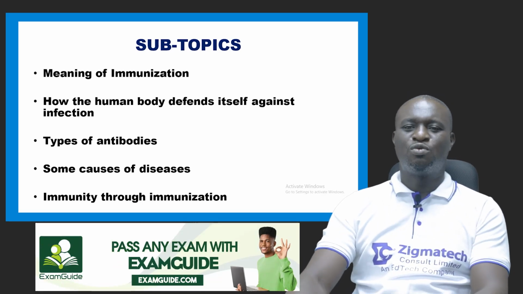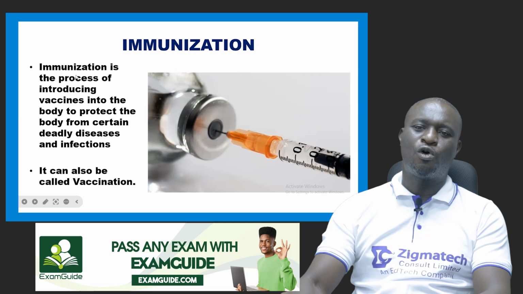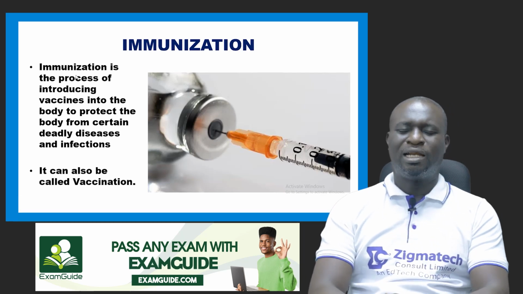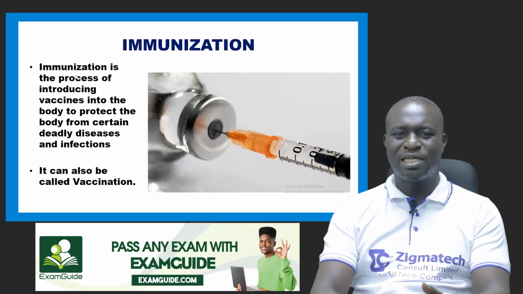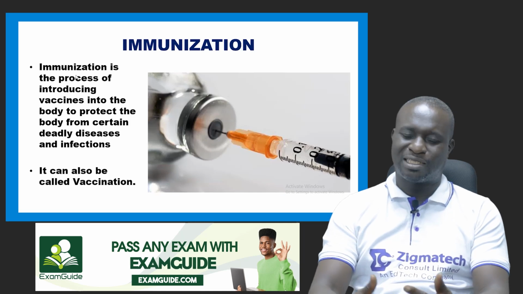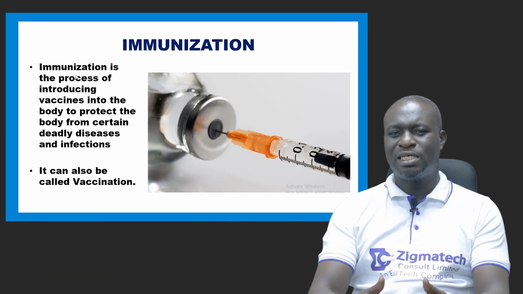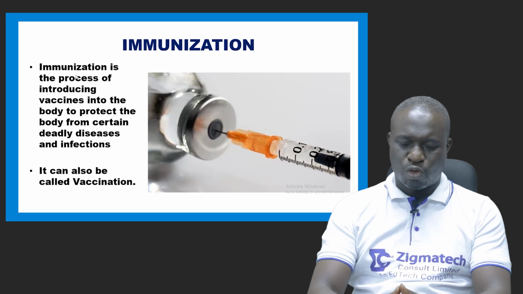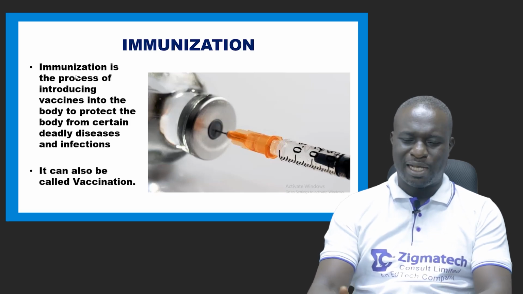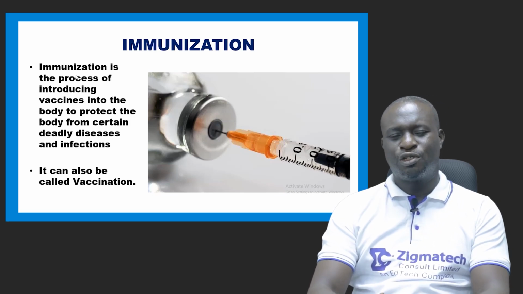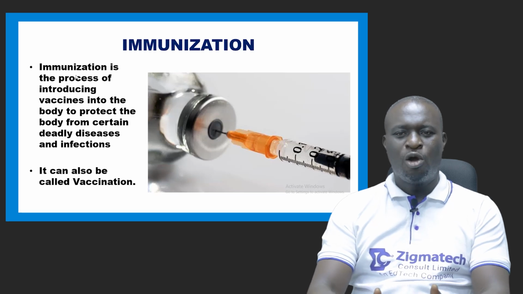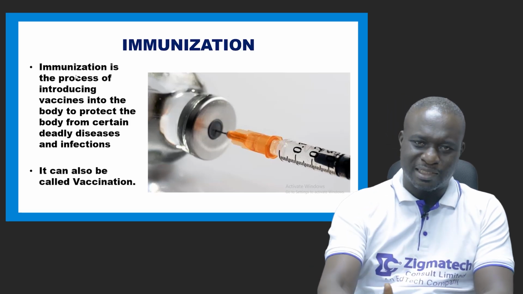Now, let's begin with the definition of immunization. I'd like you to understand that immunization can also be called vaccination. It is the same definition. So what exactly is immunization? Immunization is the process of introducing vaccines.